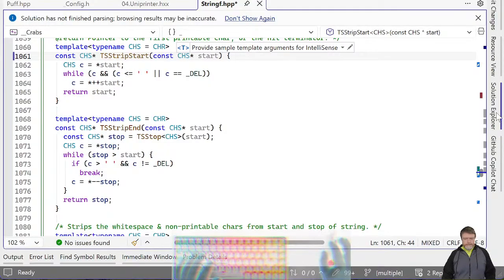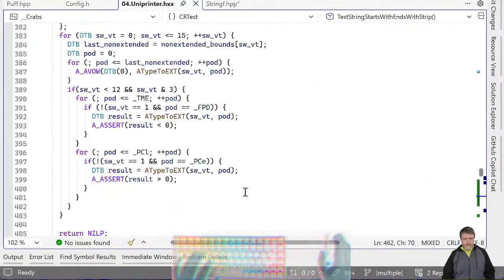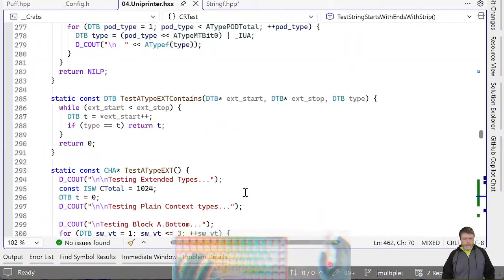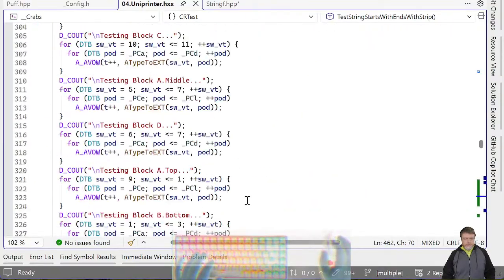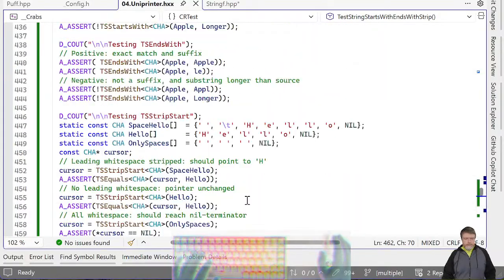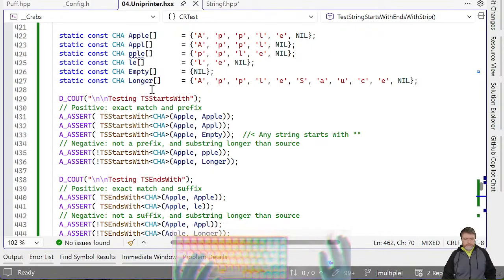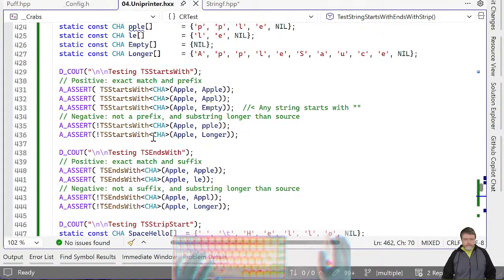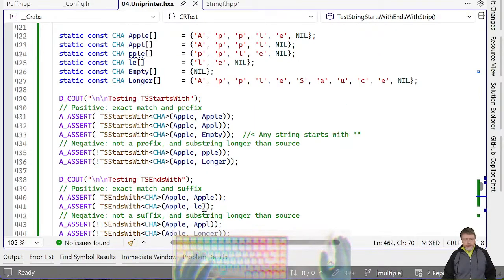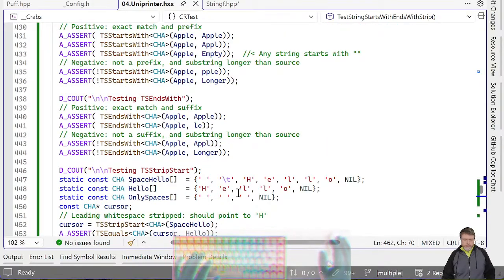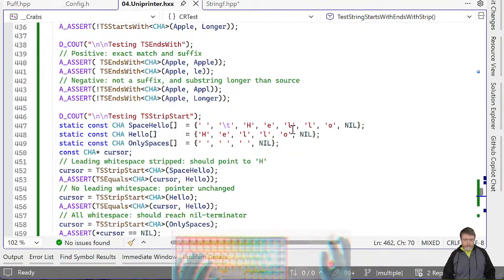So let's look at the code. What did it produce? It's down here. Here's the test function. All right, cool.